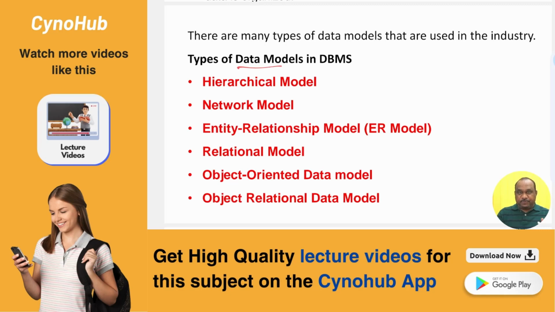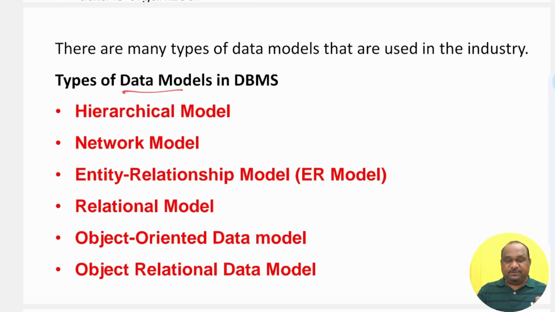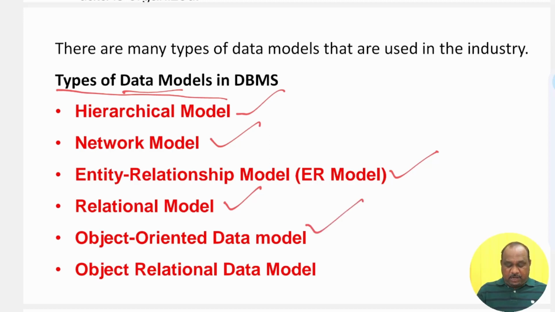If you are representing the physical, logical or conceptual level, these are the different data model concepts in DBMS: hierarchical model, network model, ER model, relational model, object-oriented data model and object relational data model. We'll cover them one by one with simple examples.